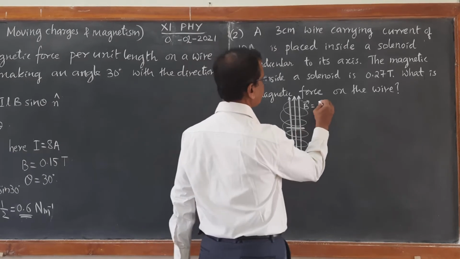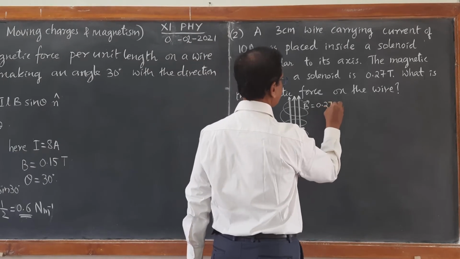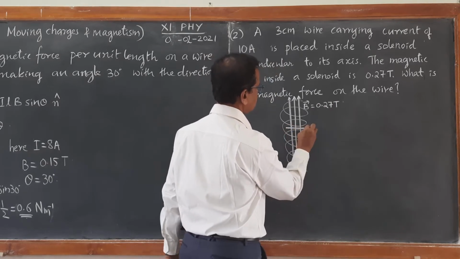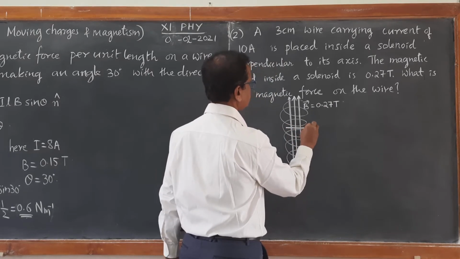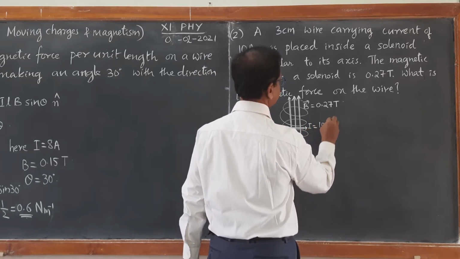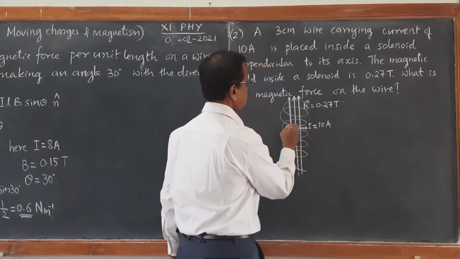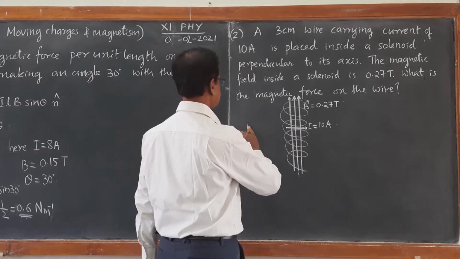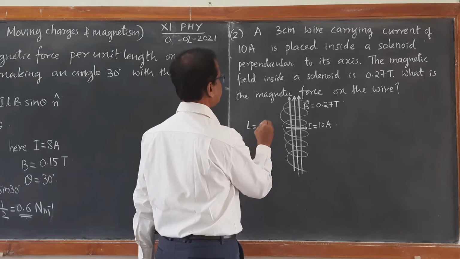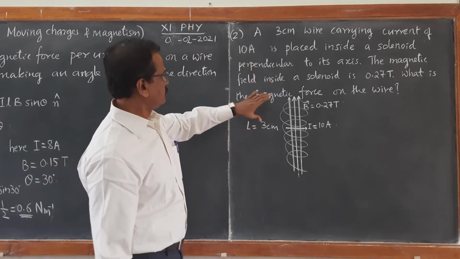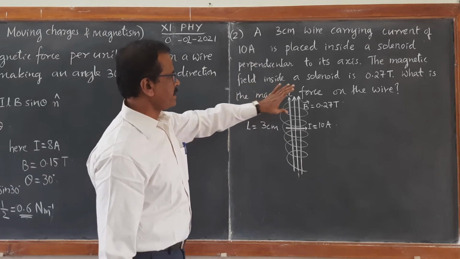The magnetic field is 0.27 Tesla, the current through the wire is 10 amperes, and the length of the wire is 3 centimeter. You are asked to find the magnetic force on the wire.